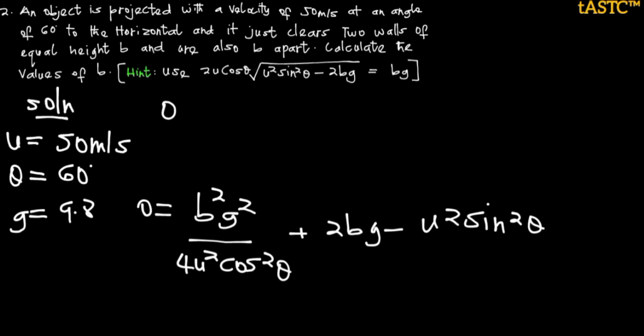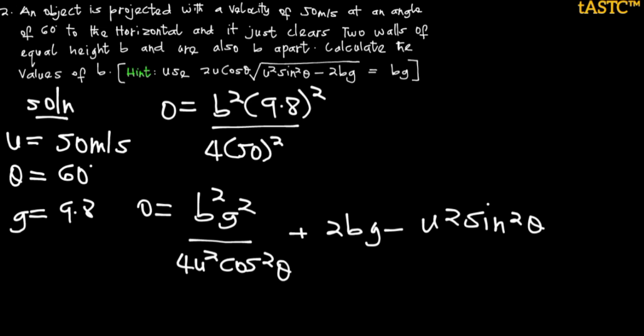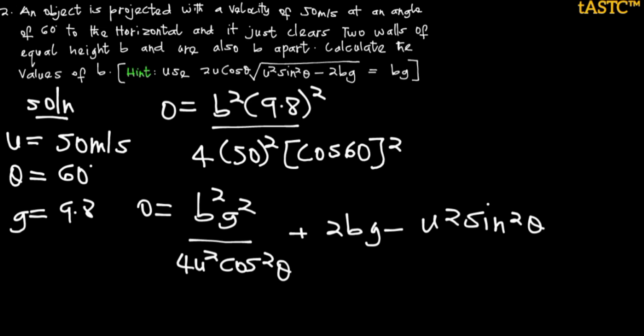So this is a quadratic equation. So we have b squared, and here this is going to be 9.8 squared. This will be divided by 4 u squared, that is going to be 50 squared. You got cosine theta squared, so I think I need to rewrite that. So this is going to be multiplied by 50 squared, and this is going to be cos 60, that is also squared.